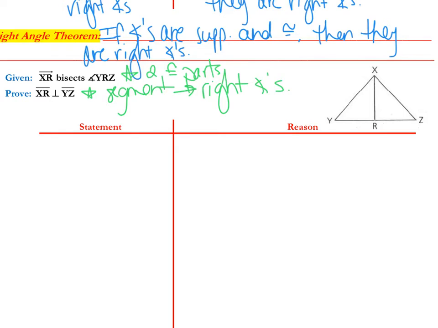All right, so we have the beginning. We know that we're going to talk about something with congruency, and we have the end that I need to show that the segments form right angles, because if they form right angles, then I know the segments are perpendicular. So let's go ahead and start with our given.